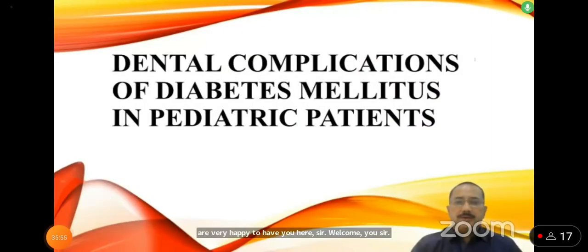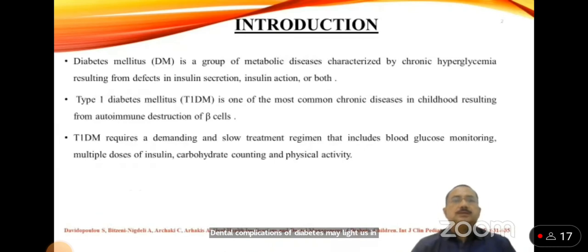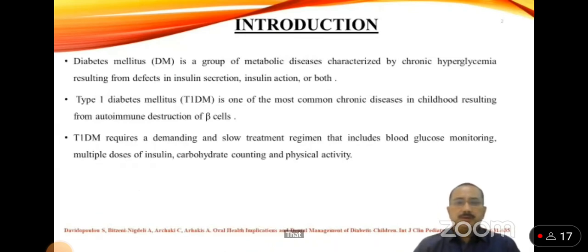Complications of diabetes mellitus in pediatric patients. The contents. Diabetes mellitus is a group of metabolic diseases characterized by chronic hyperglycemia resulting from defects in insulin secretion, insulin action, or both. Type 1 diabetes mellitus is one of the most common chronic diseases in childhood, resulting from autoimmune destruction of the beta cells.